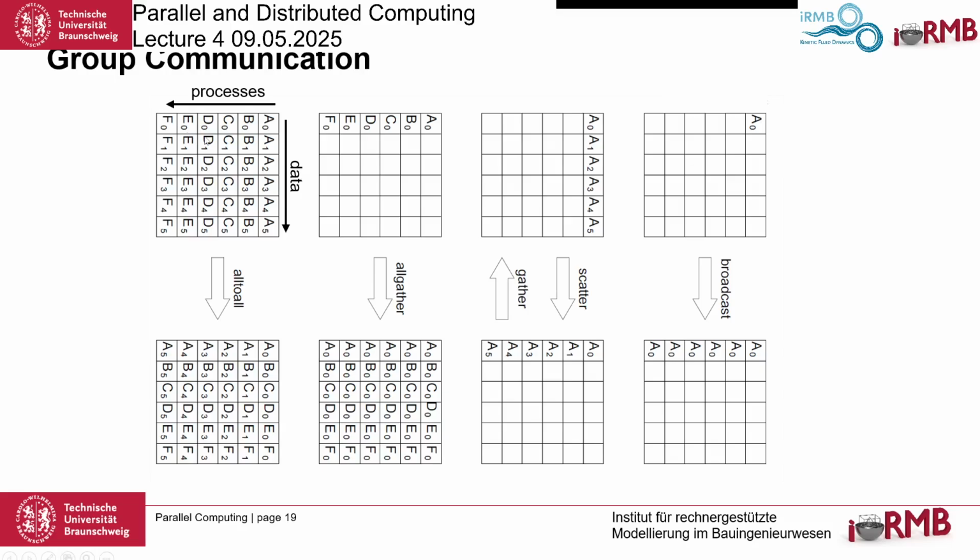Say process A has, say, these 5 different data points that could be sent. Now you can do an all-to-all communication, where you send, for example, the first item to everybody, or the 0 item to everybody, so then everybody knows everything.